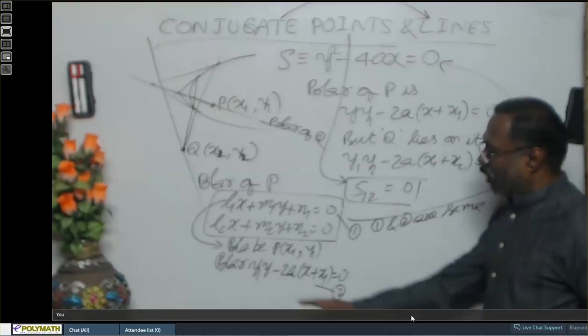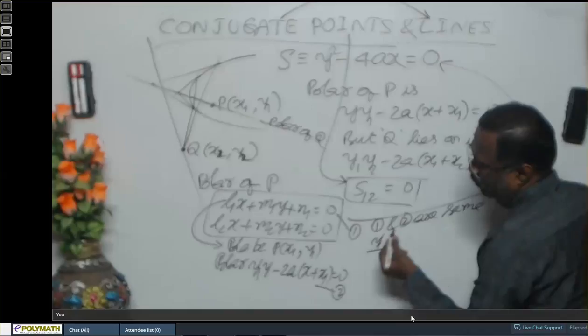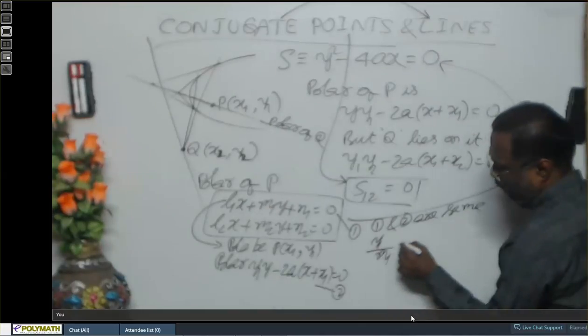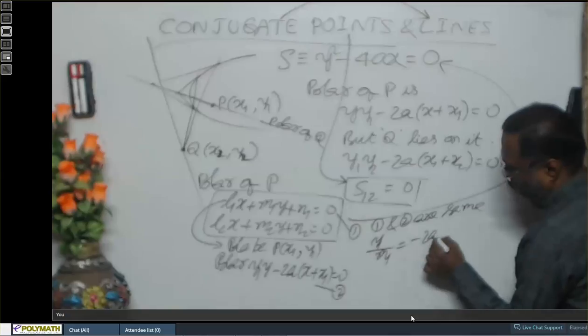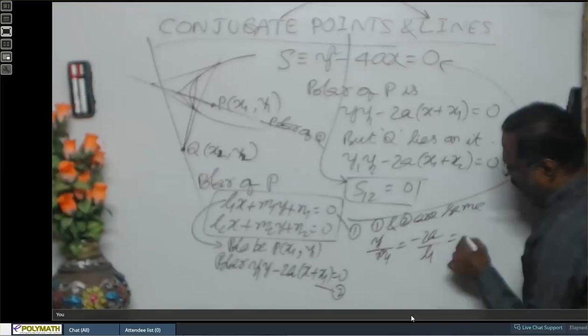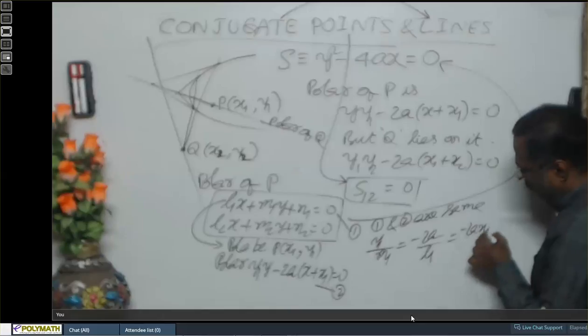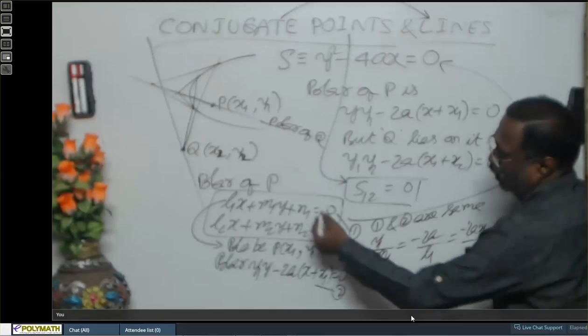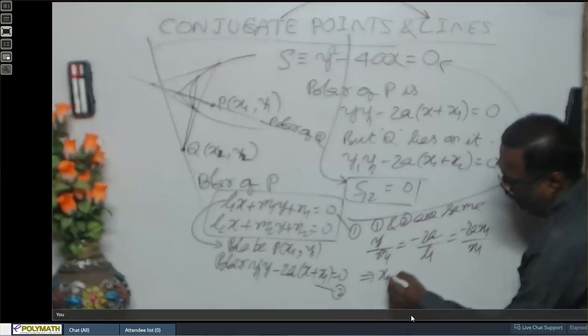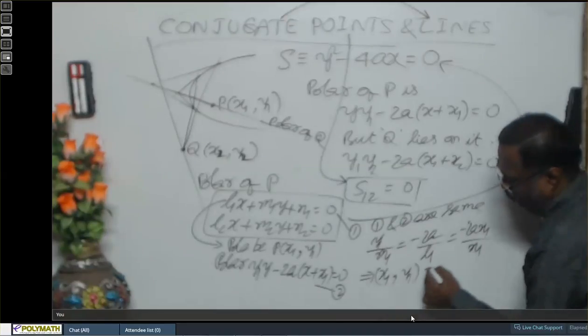This is y1 divided by y coefficient here, m1. This is minus 2a, x coefficient here, L1. Constant here, minus 2a x1, and constant here, n1.